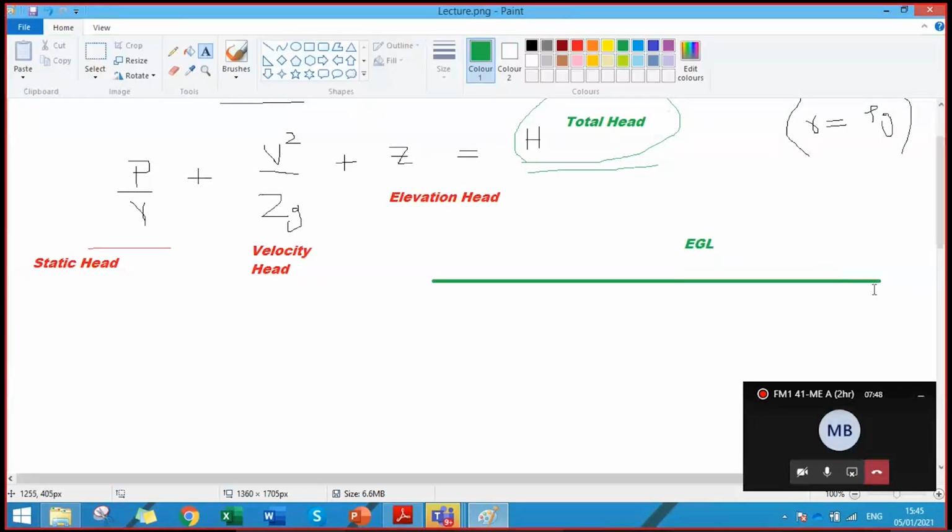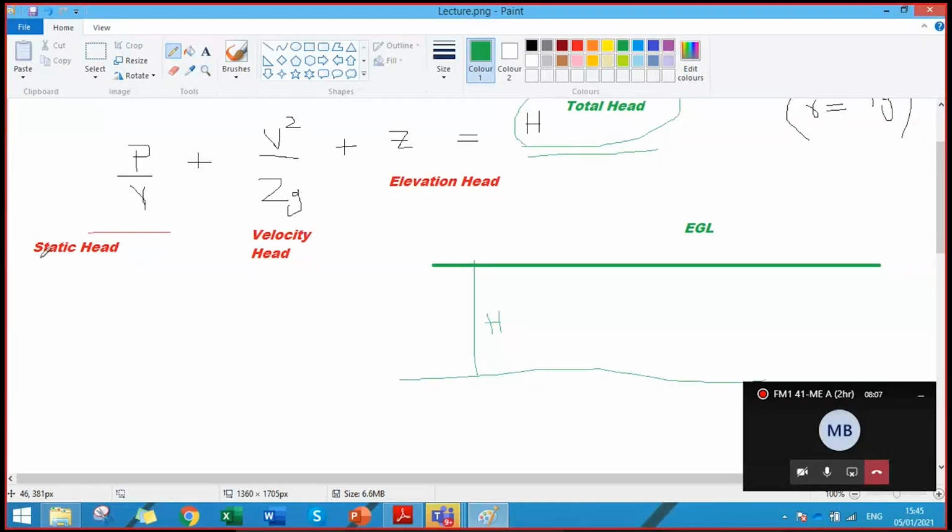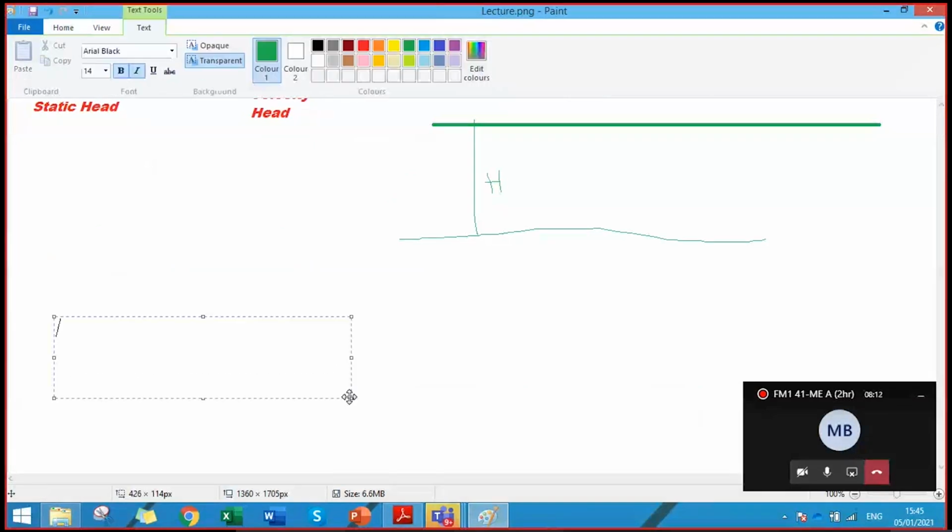It remains horizontal, fixed, because it is representing from a certain reference. Let's say this is the flow path, and from a certain reference it is representing the total head. This is H, the total head, which is the sum of these three heads: static head, velocity head, and the elevation head. On the other hand, the hydraulic grade line, or HGL, for any flow represents the sum of static and elevation head.